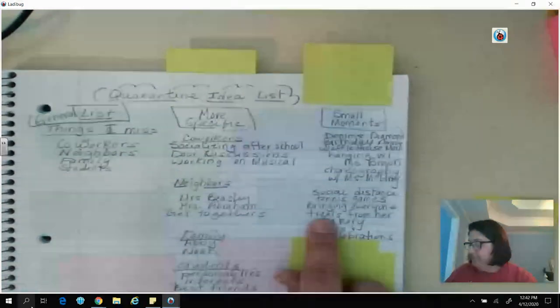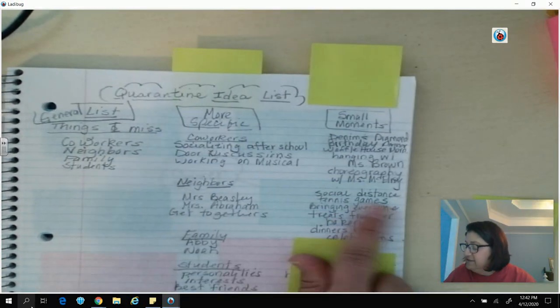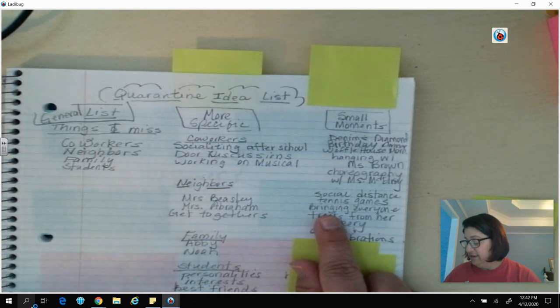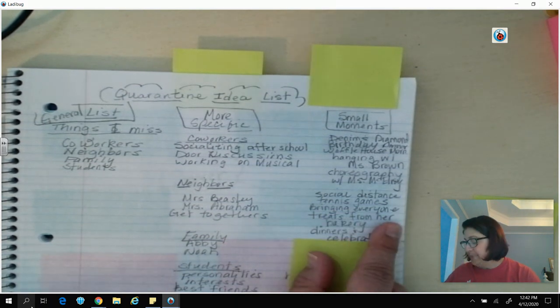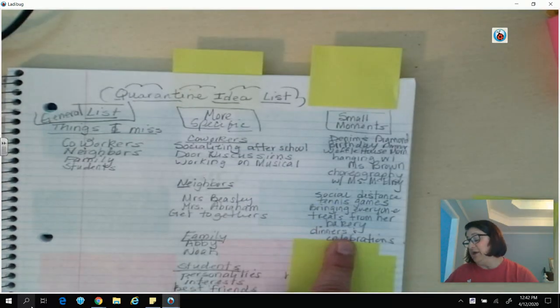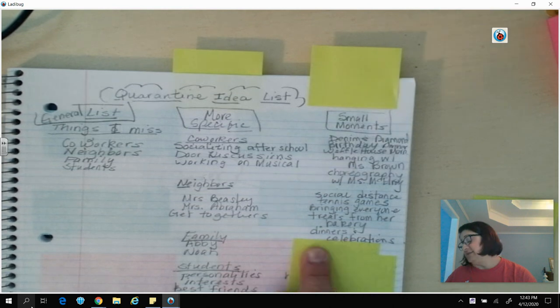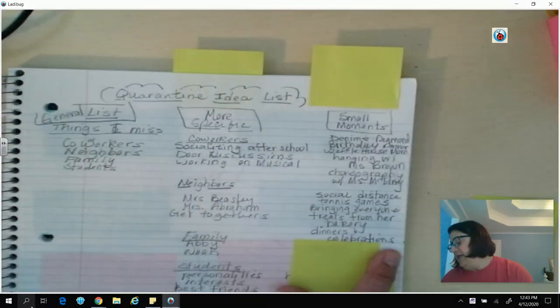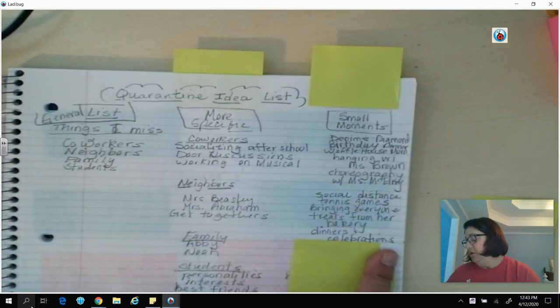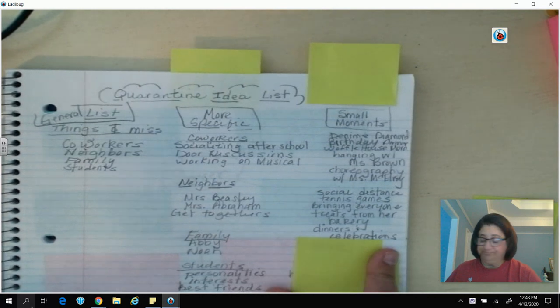At the beginning of this quarantine, we could order things from her bakery and she would bring it right to us. And then get-togethers, things I'm missing where we have dinners, certain holidays, and how we celebrate the great things going on in each other's lives with our children and other things.